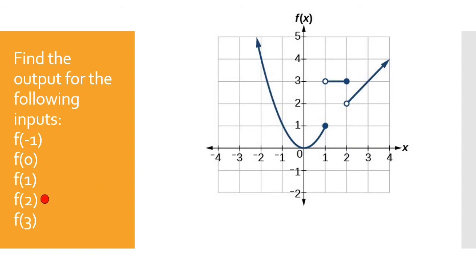Now when we try to get f of 2, we're going to go to 2 on the x-axis. And as we go up, we're going to pass by that open circle because technically it does not exist. And we're going to go to where that closed circle is. The closed circle means it does exist. And that makes our answer 3.